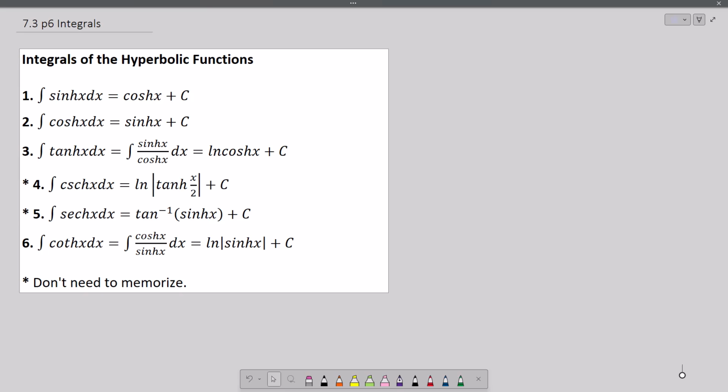These two are wackadoodle. You do not need to memorize those. The other four you will see enough. And if you see them, this is how you should do your work. You need to show that you understand that this is log form. Don't just write from here to here. Put this intermediate step in there so I know that you know that it's a fraction and that it's in log form.